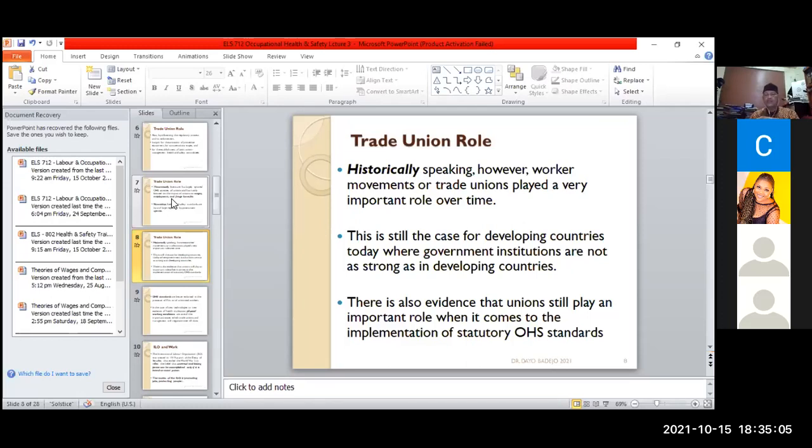There's also evidence that unions still play that important role in implementing the statutory occupational health and safety standards. I told you we have well over 40 codes of practice and ILO standards that should regulate and guide us to ensure that we have a safe and healthy work environment.